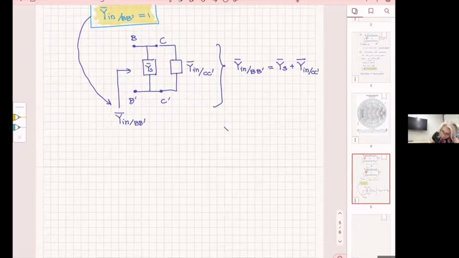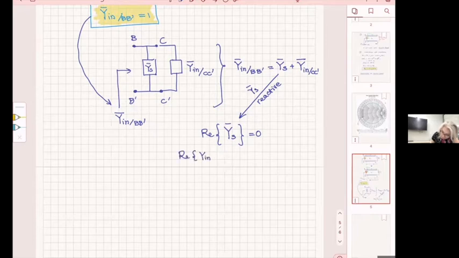So the real part of YS is 0, that's what reactive means. Therefore, it implies that the real part of Y input at BB prime is going to be equal to the real part of Y input at CC prime. Do you agree with that? Yes? No?